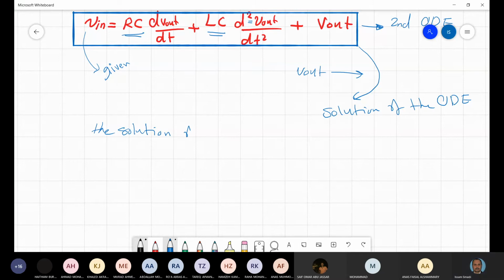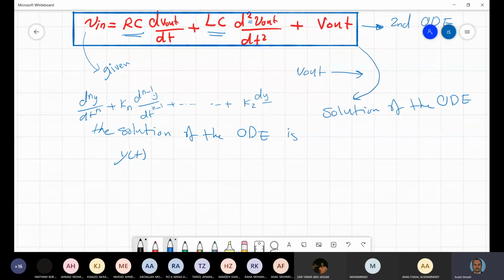The solution of the ordinary differential equation is decomposed of, if this is my y of t, let's assume here I'm having d^n y by dt^n plus k_n d^(n-1) y by dt^(n-1) until I'm reaching plus k_2 dy by dt plus k_1 equals certain excitation u of t.